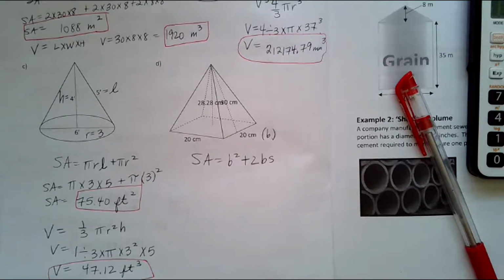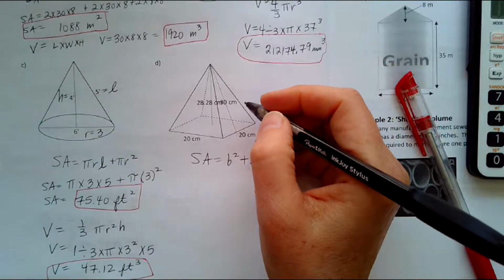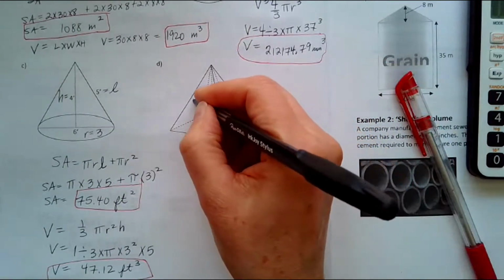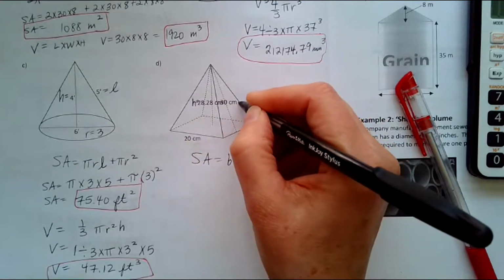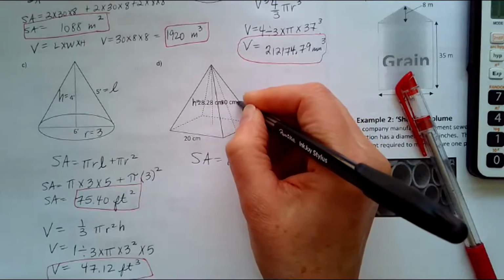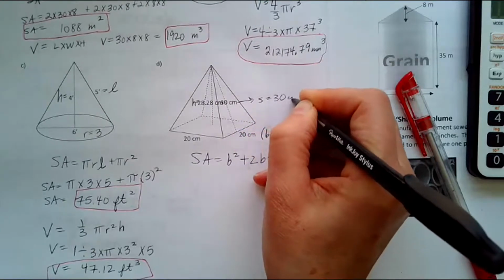I think for the volume, I think it's kind of, what am I going to do here? I think this is the height, the 28, and I'm going to say that S equals 30.